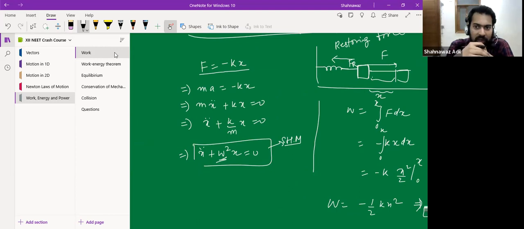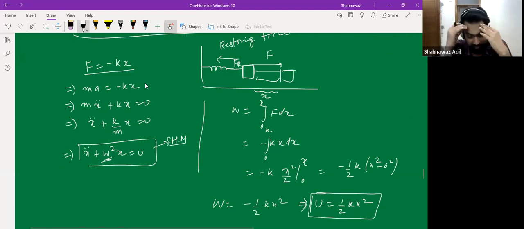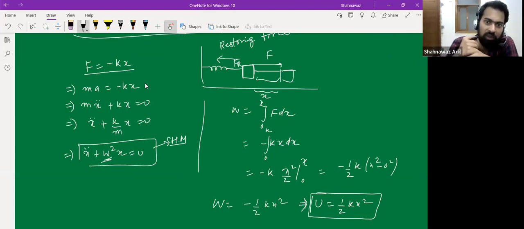And then we talked about the potential energy for the two cases of conservative forces, the gravitational forces and the spring forces.